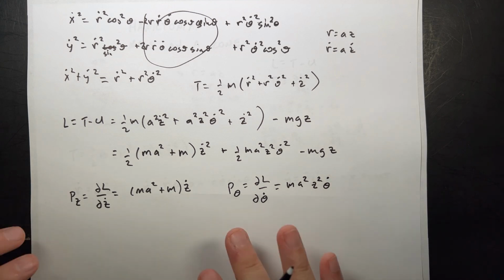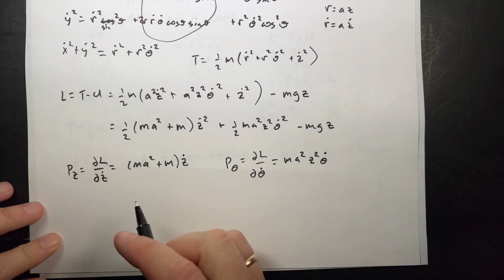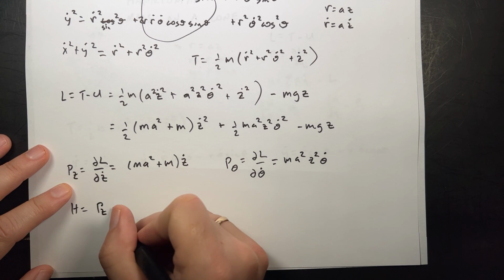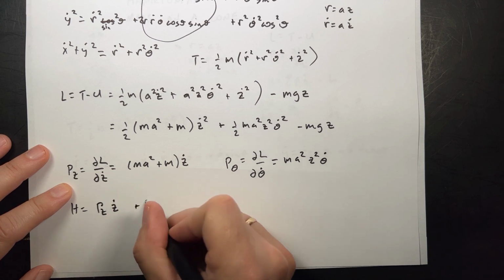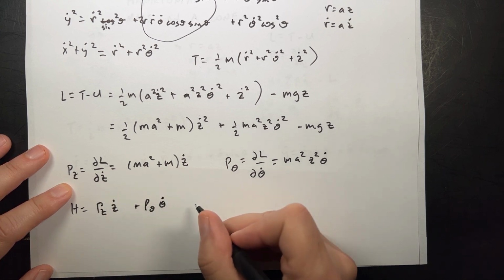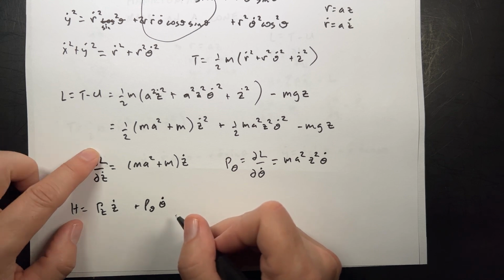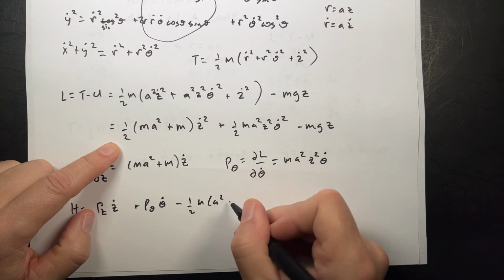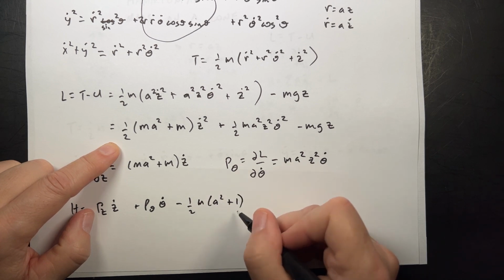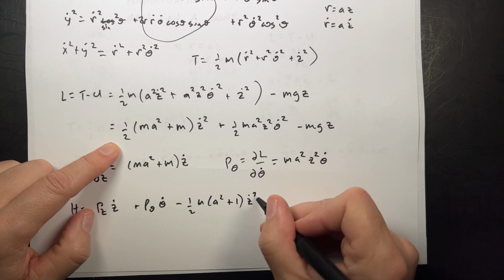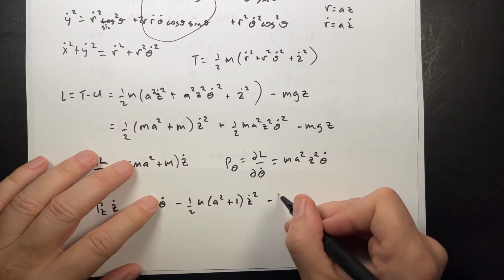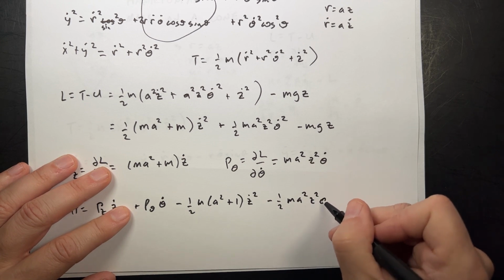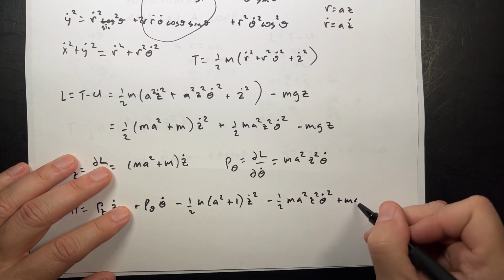Now we can go ahead and write the Hamiltonian. H is going to be pz times z dot plus p theta times theta dot minus L, which is going to be minus 1/2 m times a squared plus 1, z dot squared, minus 1/2 m a squared z squared theta dot squared plus mgz.